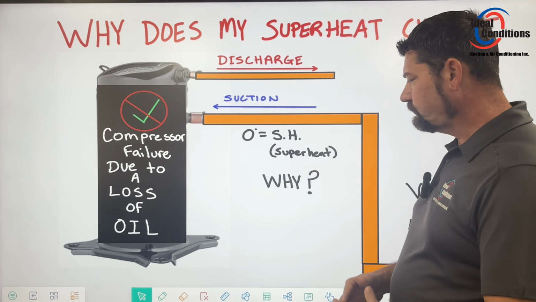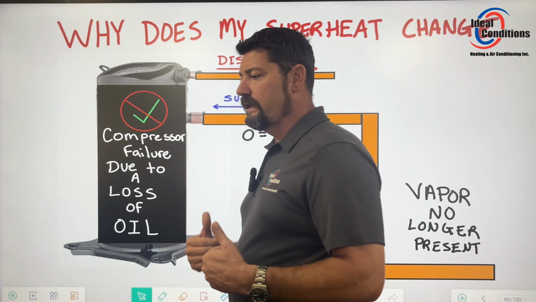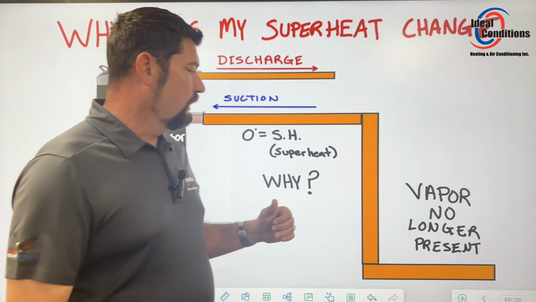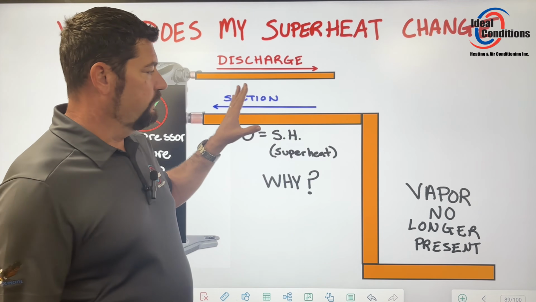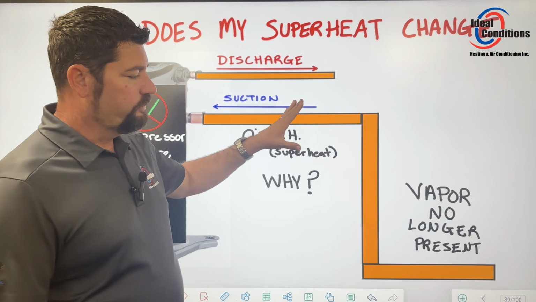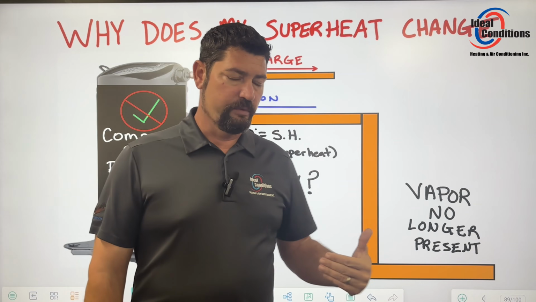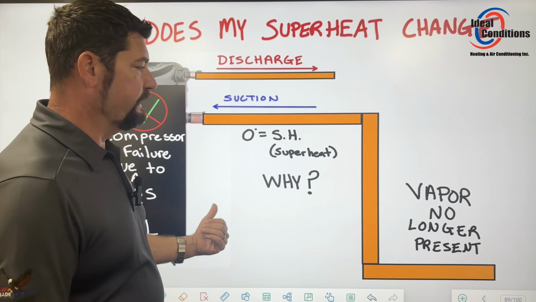And so a lot of times we get confused on, why did my compressor die mechanically? Why did it fail? Why did I have a low superheat or no superheat going into my compressor, especially if you read a positive superheat at the evaporator coil? And why are you in a negative superheat here?